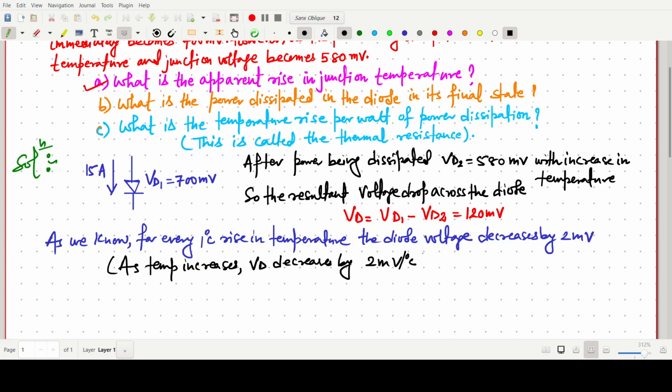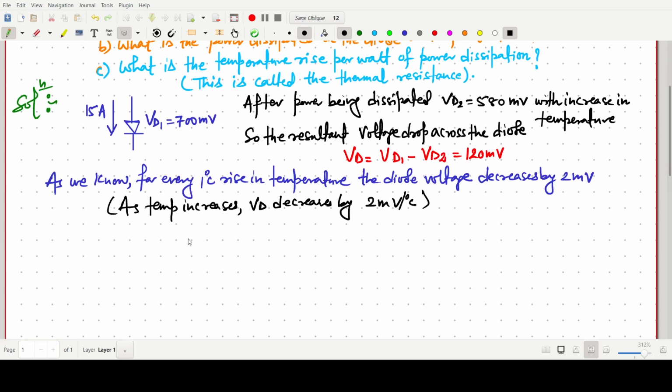So for 2 millivolt change, the temperature change is 1 degree centigrade. The voltage drop change across the diode is 120 millivolt. So for 120 millivolt, the resultant temperature change can be found by the simple unitary method: 2 millivolt cancels out, so 60 degree centigrade.